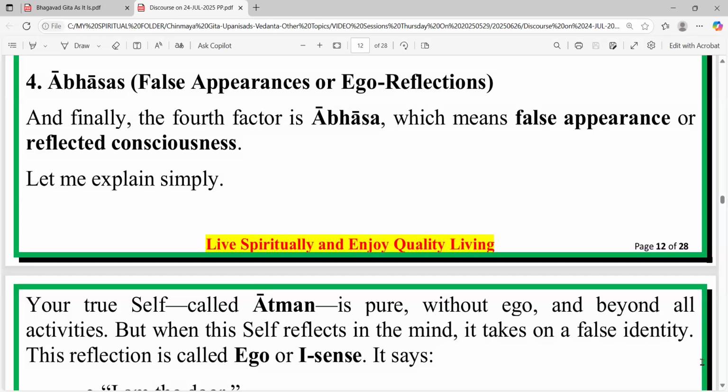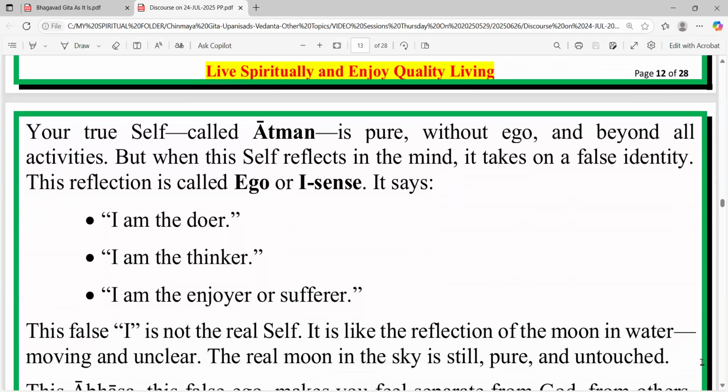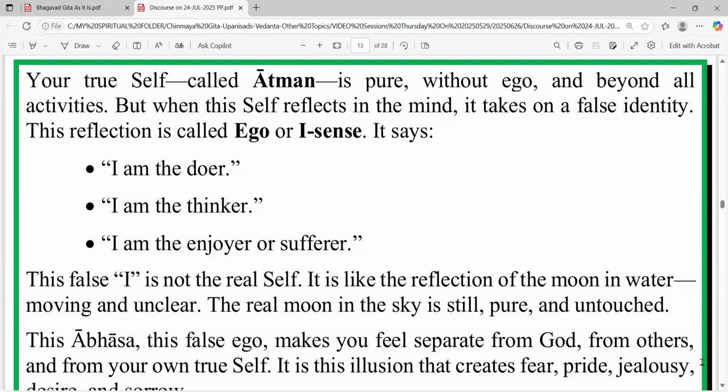Number four, abhasa, which means false appearance or reflected consciousness. Now, let me explain in a more simple way. Your true self is called Atman. It is pure, without ego and beyond all activities. But when this self reflects in the mind, it takes on a false identity.